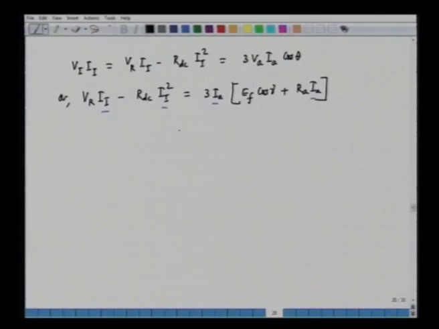We know that in a CSI, if we see the output current profile, it is basically a quasi square wave current pattern. This is our time axis, or omega t axis, and this is IA.